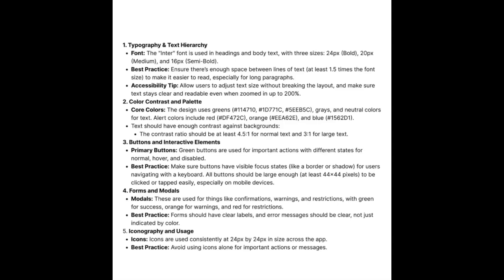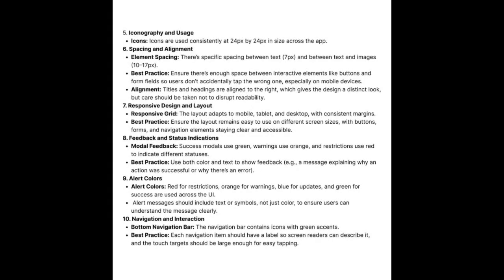I would be going over the typography and text hierarchy as I've mentioned in the previous slides, color contrast and palettes, buttons and interactive elements, forms and modals, iconography and usage, spacing and alignment, responsive design layout, feedback status indications, alert colors, and navigation and interaction. This part of the guide would be beneficial for a designer designing for the FarmLink application. And this concludes the presentation.